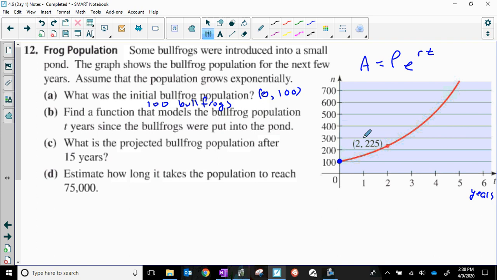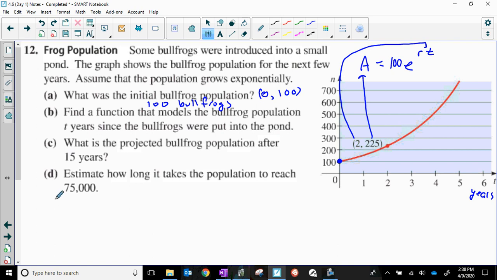And so I'm going to find this rate, I'm going to go ahead and put my 100 in for P. I'm going to put the 225 in for A and the 2 in for the T. That leaves me one last thing to solve for, and then I should be able to go get my rate pretty quickly.